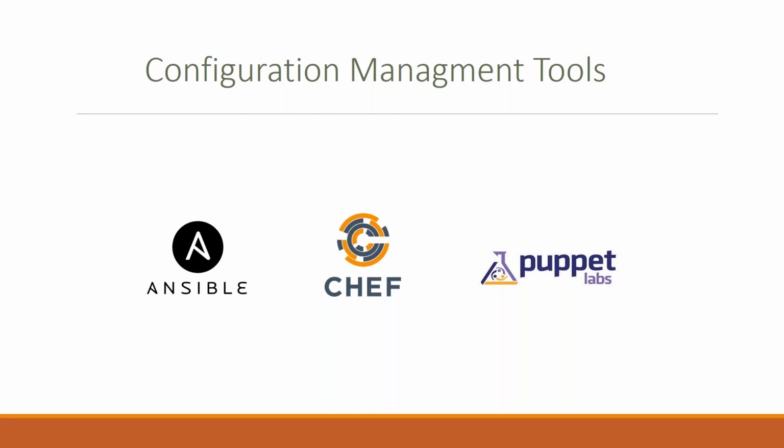So in these kinds of scenarios, you can use any of these tools and start writing some files in it. If you go with Ansible, we call it a playbook. If you go with Chef, we call it cookbooks. Using these playbooks, we can define the process or whatever commands you are supposed to execute.